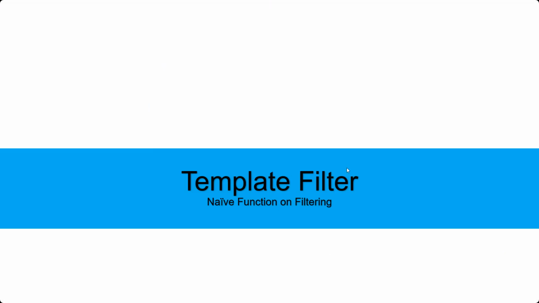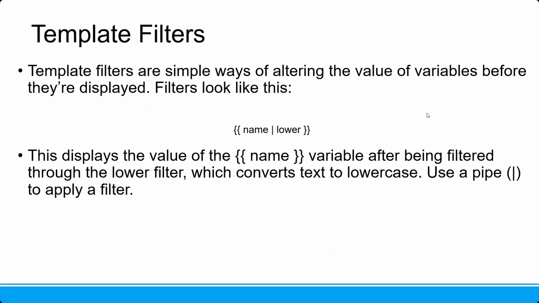Template filter. I mention this as a naive function for filtering, because this is just very simple filtering. In the web, we need to filter some sections because we want to alter or modify them. Template filters are simple ways of altering or modifying the value of variables before their display.